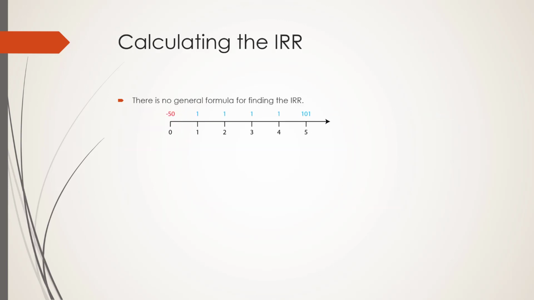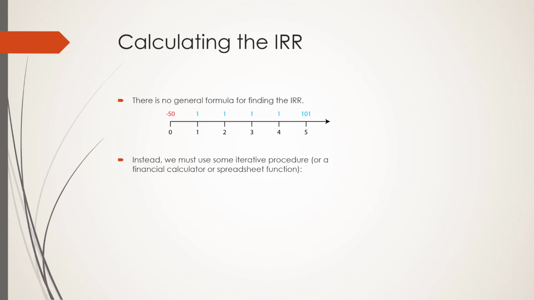All right, so let's look at the IRR, and you should be familiar with this. So this is our original example. You spent $50 to buy the stock or whatever it is, and then you receive cash flows of $1 each year for 5 years, and you were able to sell the investment for $100. So this is the timeline of your cash flows. Since there's no formula, because remember the problem here is that in order to calculate the IRR, you have to know the reinvestment rate.